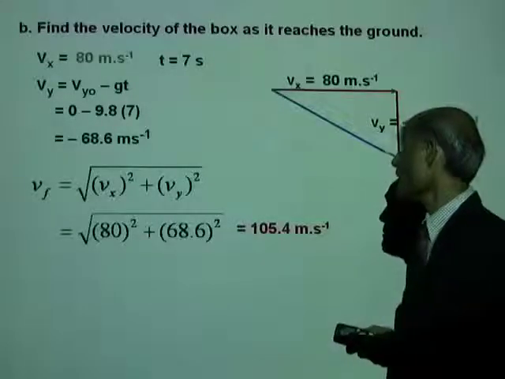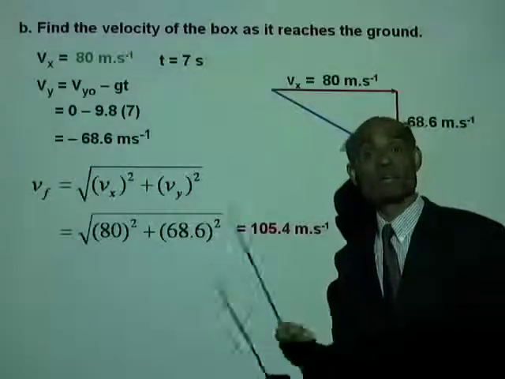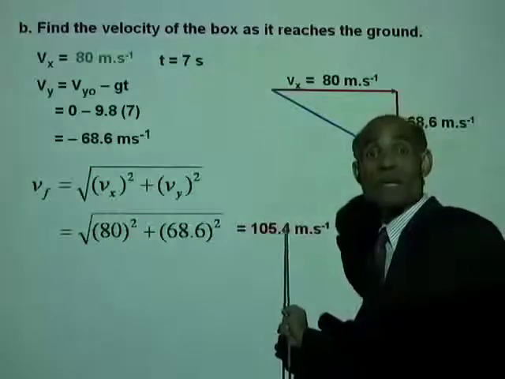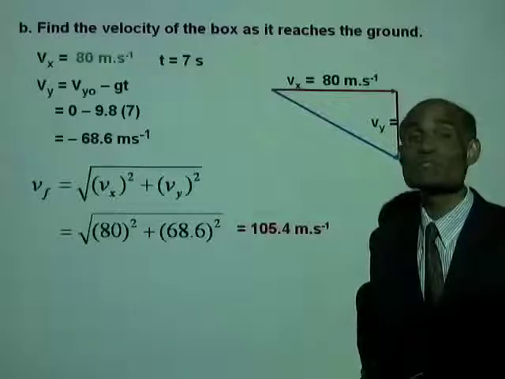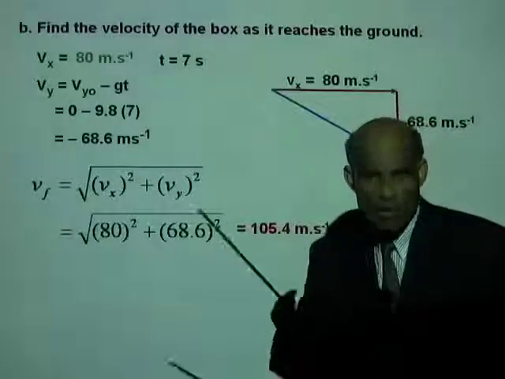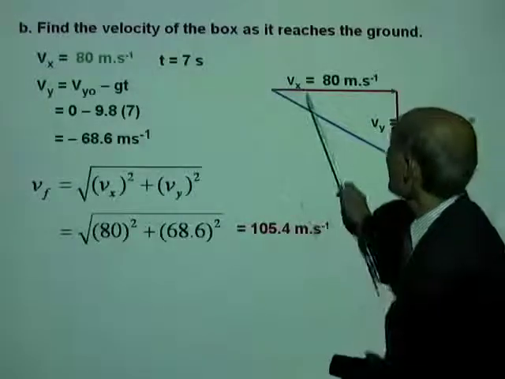That is 105.4 meters per second. In other words, that box will hit the ground with a speed of 105.4 meters per second. And if it is not packed well, it is likely that the box will shatter into pieces. Well, and what is the direction?